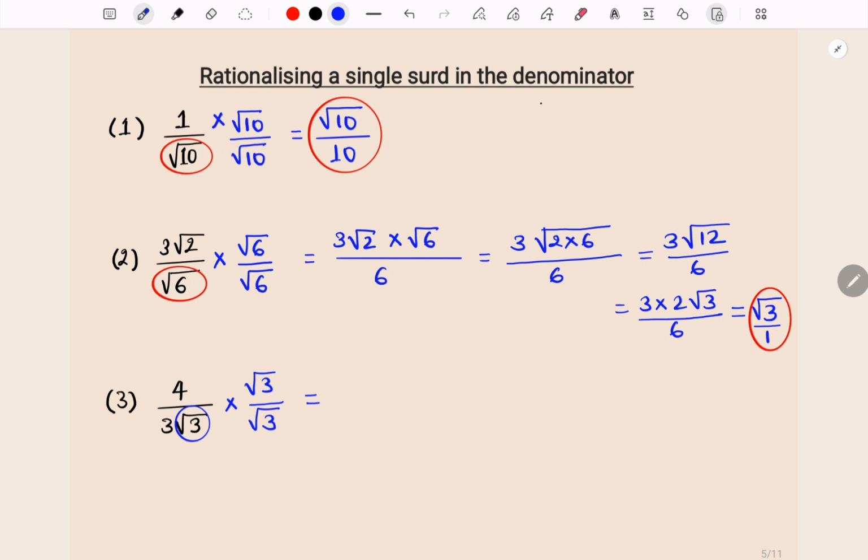Now let's multiply. 4 times root 3 is 4 root 3, and in the denominator we will have 3 multiplied by root 3 times root 3, which is again 3. So we will have 4 root 3 divided by 3 times 3, which is 9. So 4 root 3 over 9 would be our final answer.